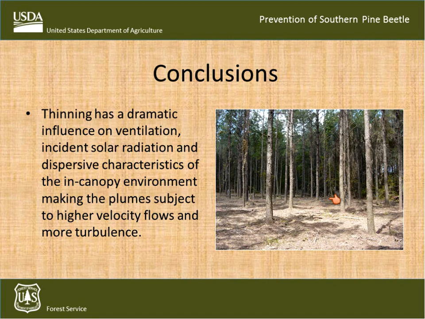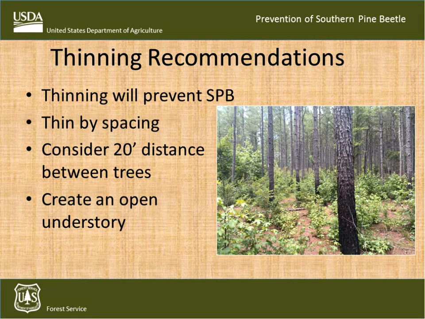However, in the thinner stands where they had opened it up, understory competition was mostly gone. There was a drastic difference in the amount of sunlight that hit the ground, causing thermal updrafts, and a lot more wind flowing through this stand, which helped push that pheromone out of there and disperse it, making it much more difficult for attacking beetles to identify the source and coalesce on one individual tree or a group of trees.